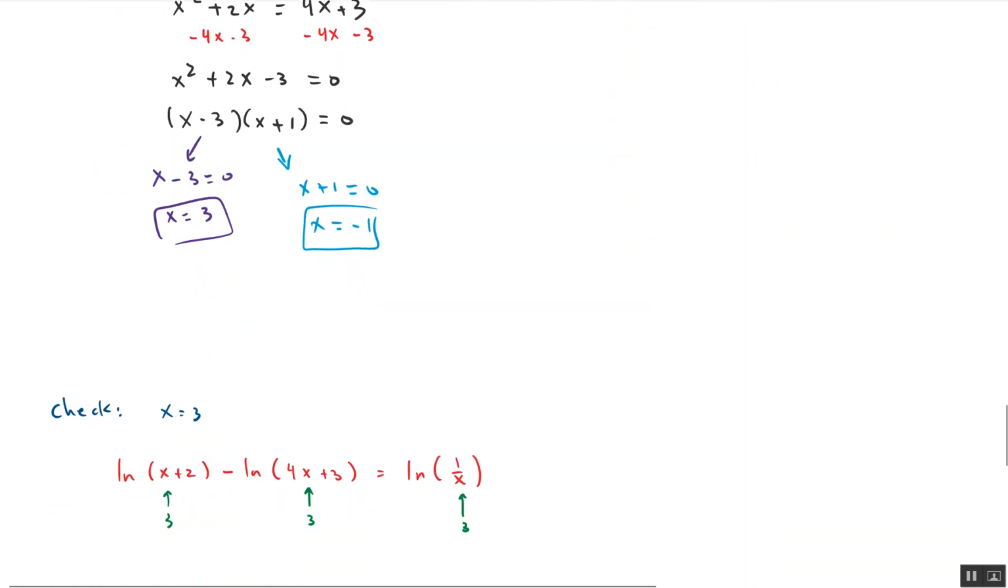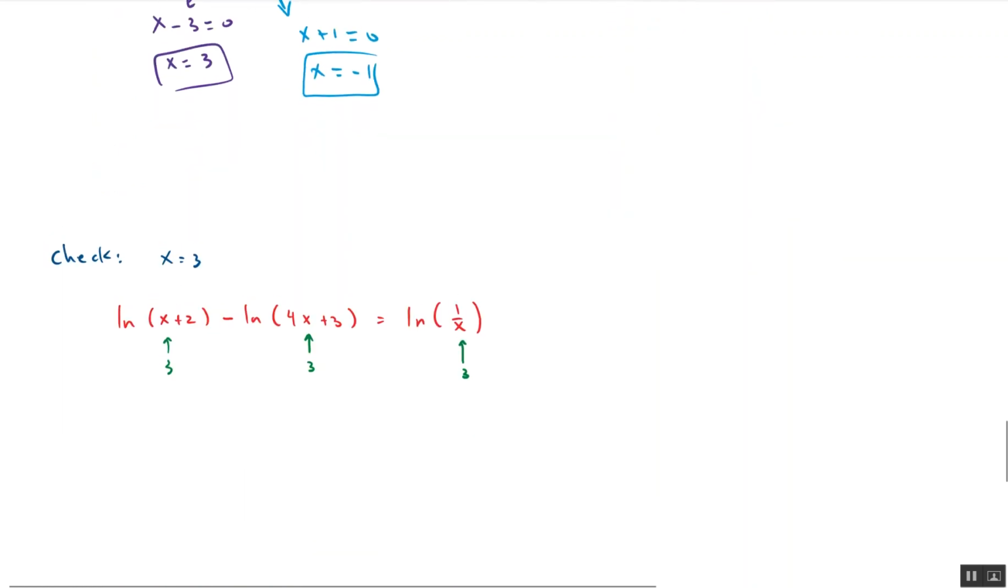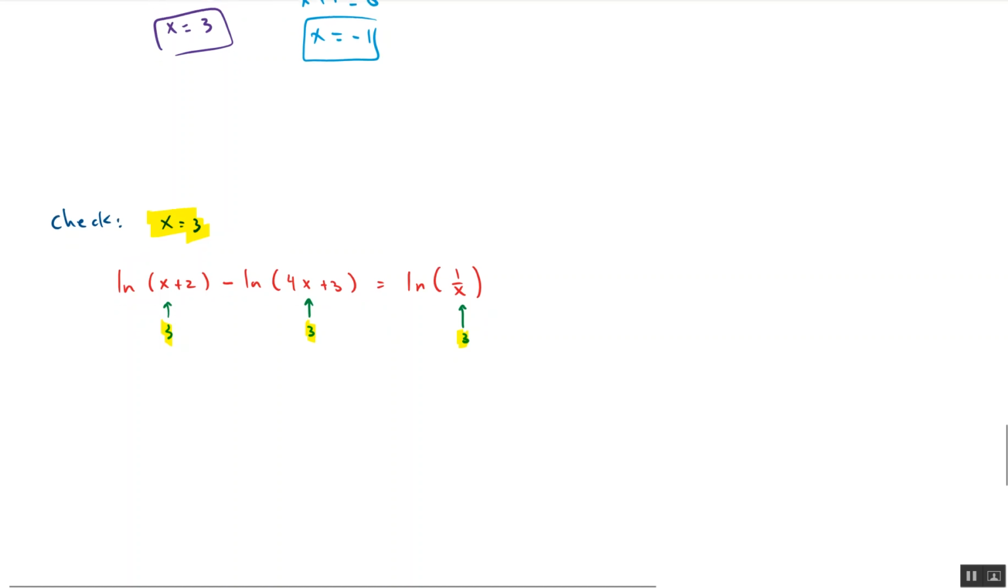So let's start with checking x equals 3. We check by taking the original equation and plugging in the answer we got for x. So we're going to plug in a 3 everywhere there is an x and see what happens. Do we get a negative in our input, which we can't because we have logs, or do we have an untrue statement coming out mathematically?